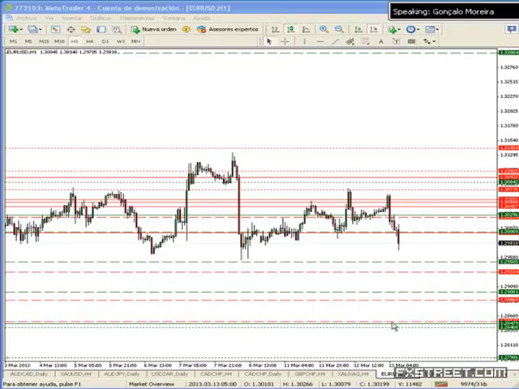What does it mean? Liquidity is being offered to buy at this level, and a take profit from a sell order. A take profit from a sell order is a buy order, right? If I'm in the market through a sell, in order to liquidate that position I'm going to buy, right?